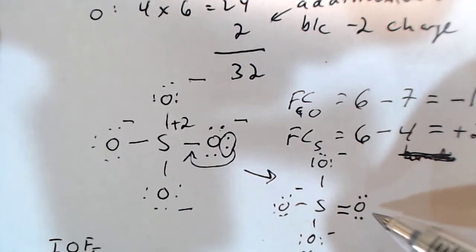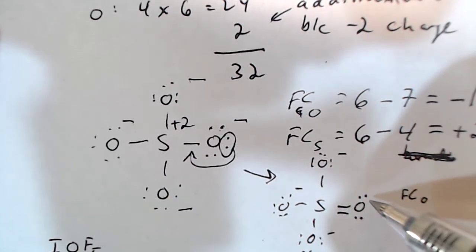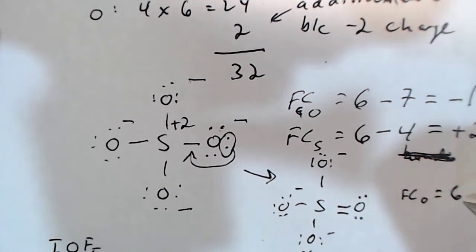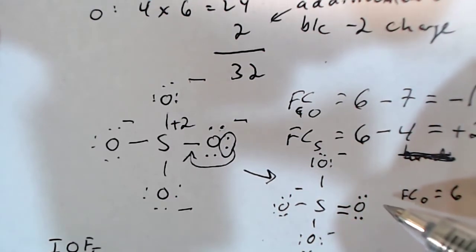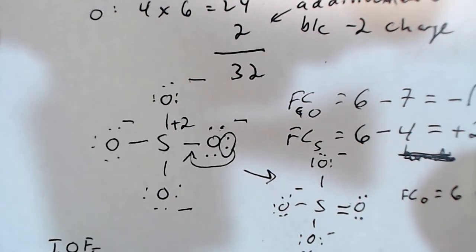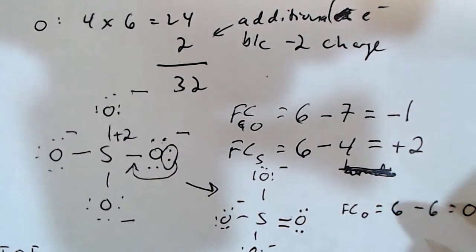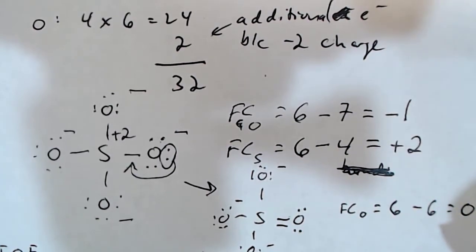But what about this oxygen? It should normally start with 6 valence electrons, but right now it has belonging to it 2, 4, 5, 6 valence electrons. There is no formal charge on that oxygen now. That's good. You've improved this somewhat.